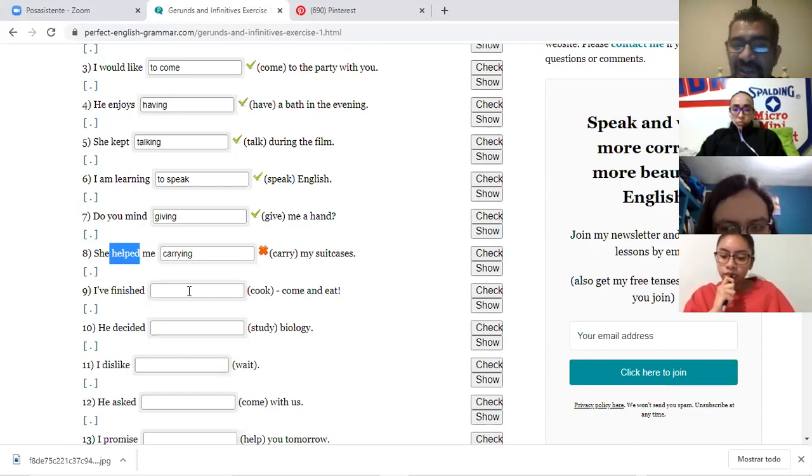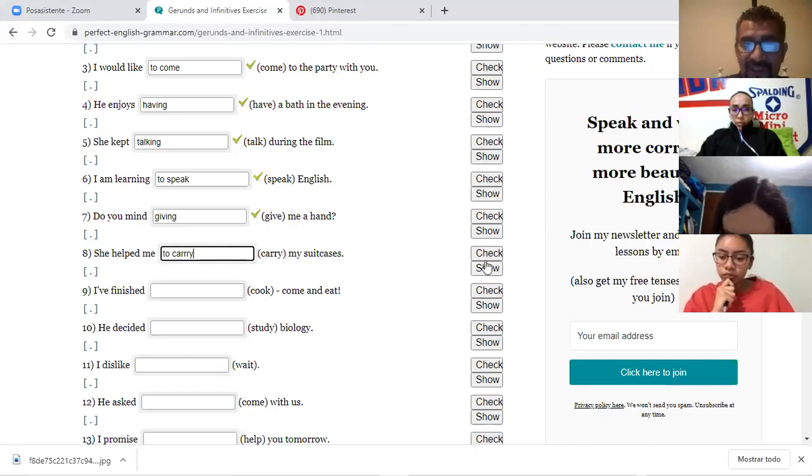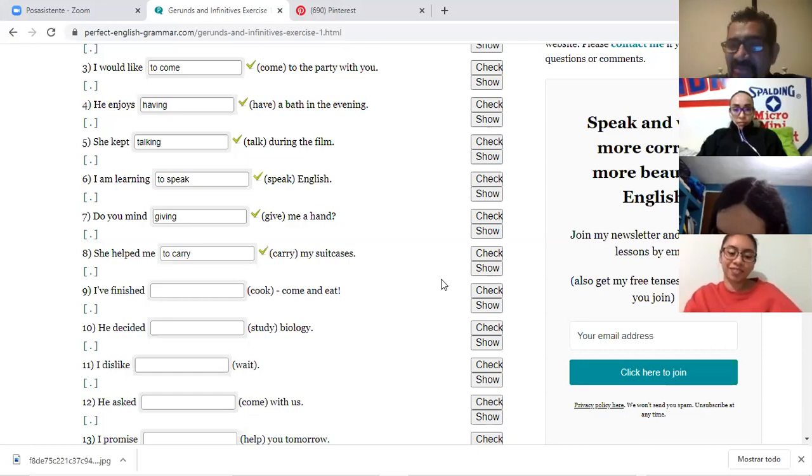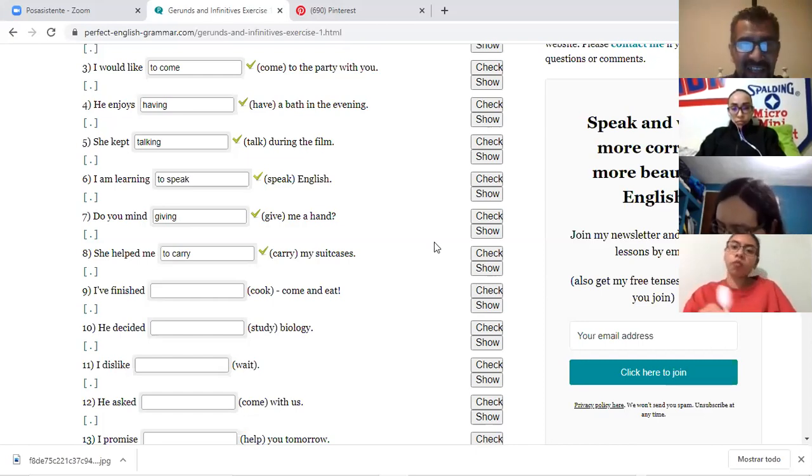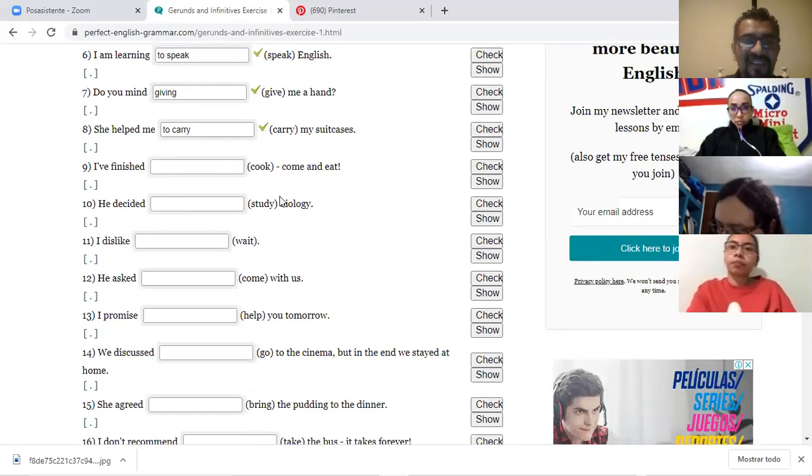Remember, every time that you need to use two verbs, you have to use infinitive. So in this case, the correct answer is to carry. Por qué no? Porque tiene 3 R's, además. Okay. So she helped me to carry my suitcases. Remember, every time that you're going to use two verbs, always separate them with to, always. Okay? Good. All right. Ale, number 9.